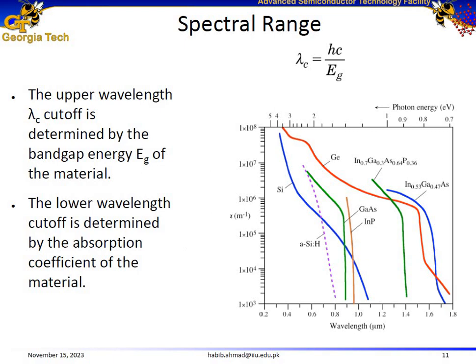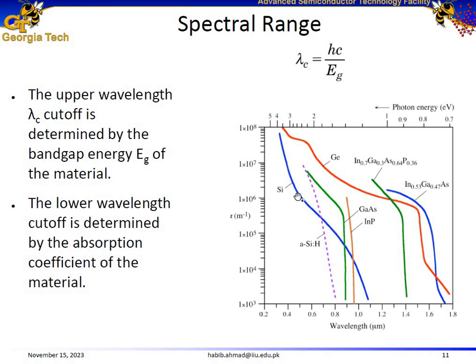Now, when light is incident on a solar cell, it's going to travel inside the material up to a certain depth, and that depth is called absorption depth. Absorption depth is inversely proportional to the absorption coefficient. For example, assume a short wavelength of 400 nanometers or 0.4 micrometers.